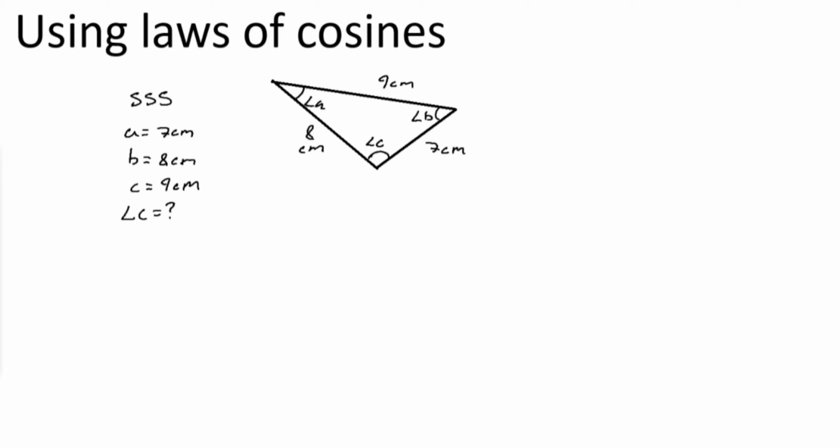If you remember, and I hope you jotted this down when I was going over the law of cosines for finding angles, we're going to use the cosine of angle C, because we're trying to solve for angle C. This is equal to a squared plus b squared minus c squared, and I'm going to use my line tool for a nice perfect line, divided by 2ab.